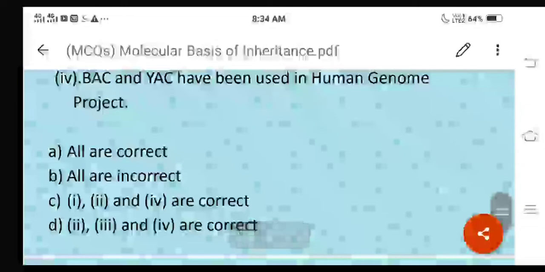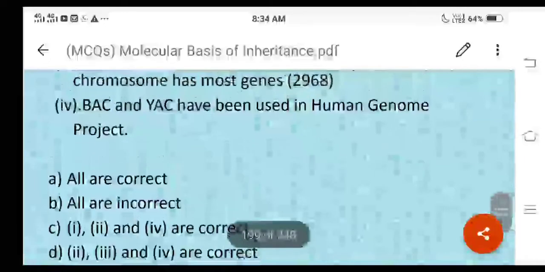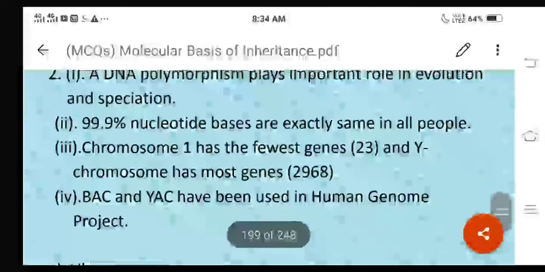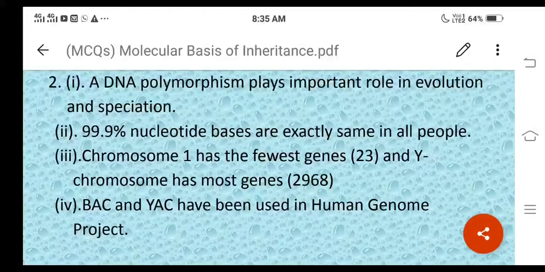The different options are like this. Option A, all are correct. Option B, all are incorrect. Option C, 1, 2 and 4 are correct. Option D, 1, 3 and 4 are correct. According to the given statements, 1, 2 and 4 are correct. The third statement is wrong because chromosome 1 has the most genes and the Y chromosome has the fewest genes.